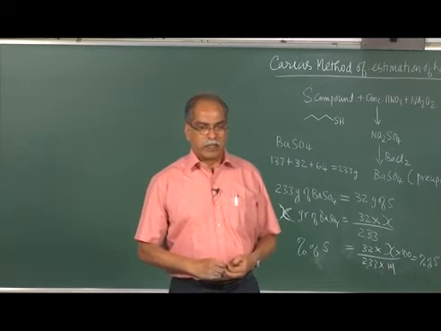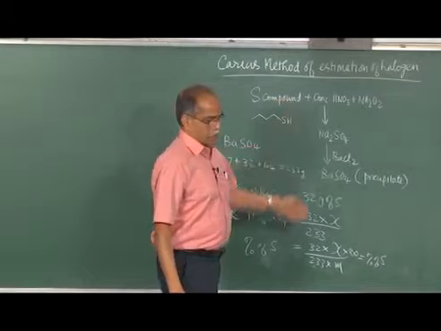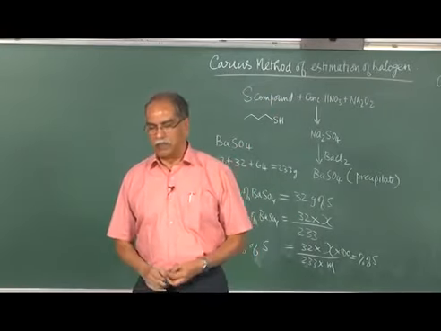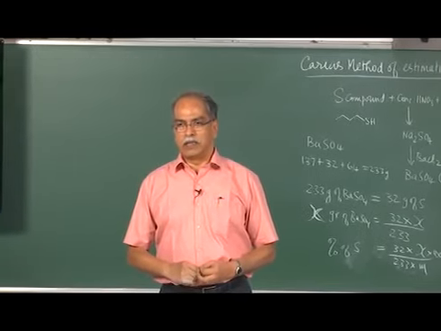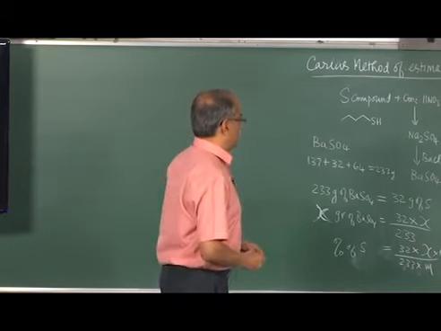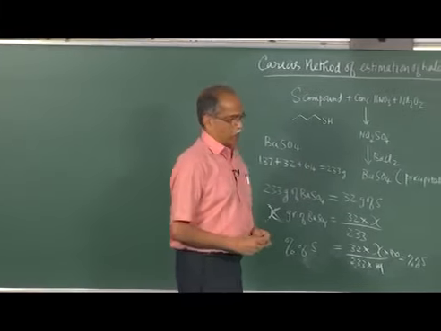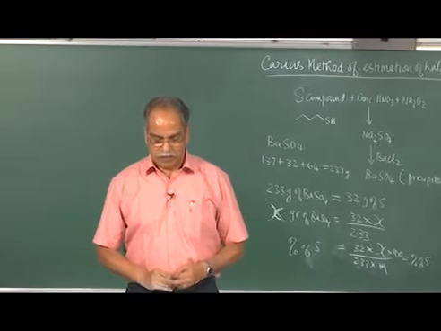For the halogen estimation, we have the Carius methodology, where the halogen is converted into an inorganic halide and precipitated using silver nitrate. Using silver nitrate, you get the silver halide precipitate. From the weight of the silver halide precipitate, one can estimate the amount of halogen that is present. A couple of representative examples were given.